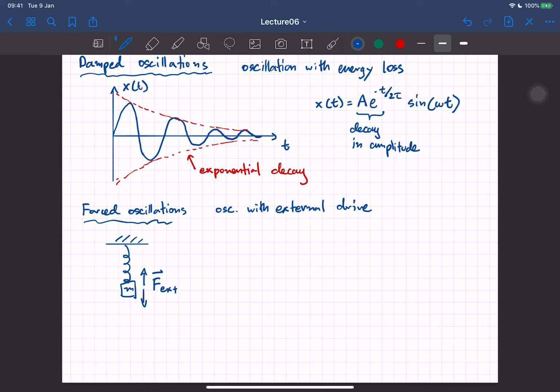Okay, and so essentially what we are trying to do is to compensate the energy loss, E loss, by injecting external energy into the system. And eventually, you're going to be able to sustain the oscillations.